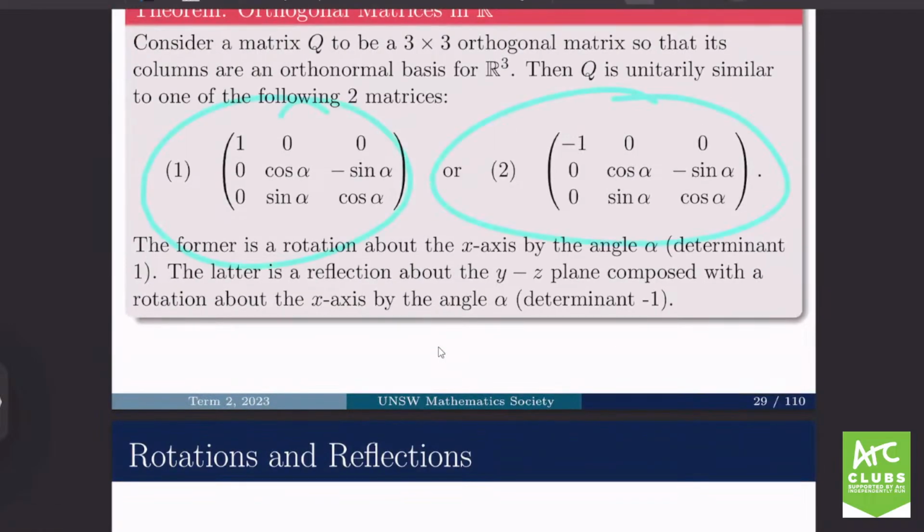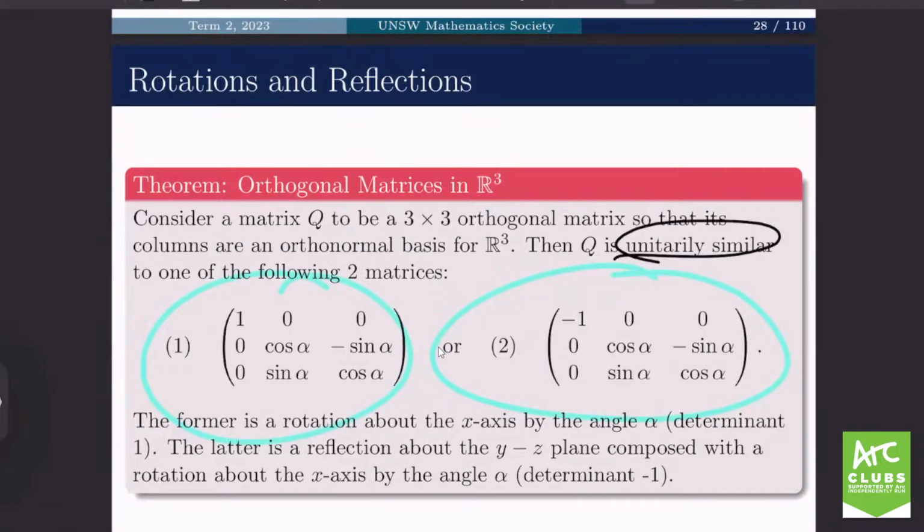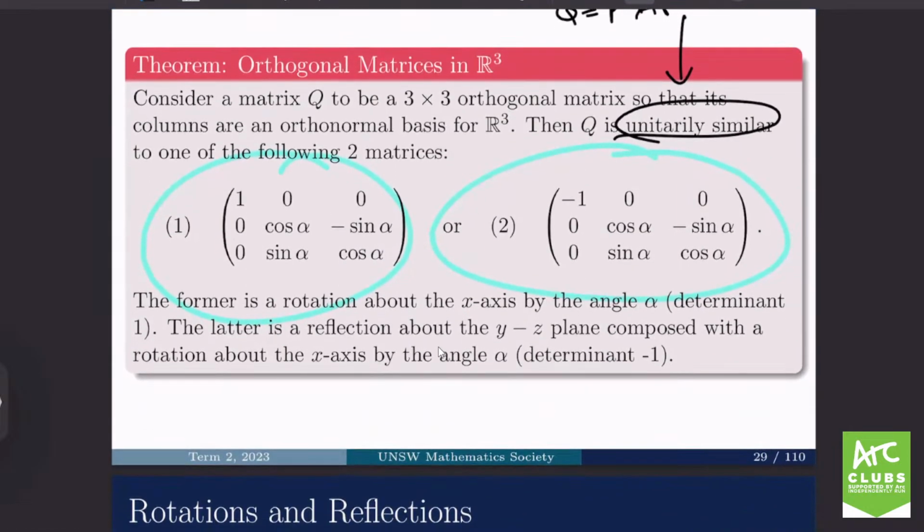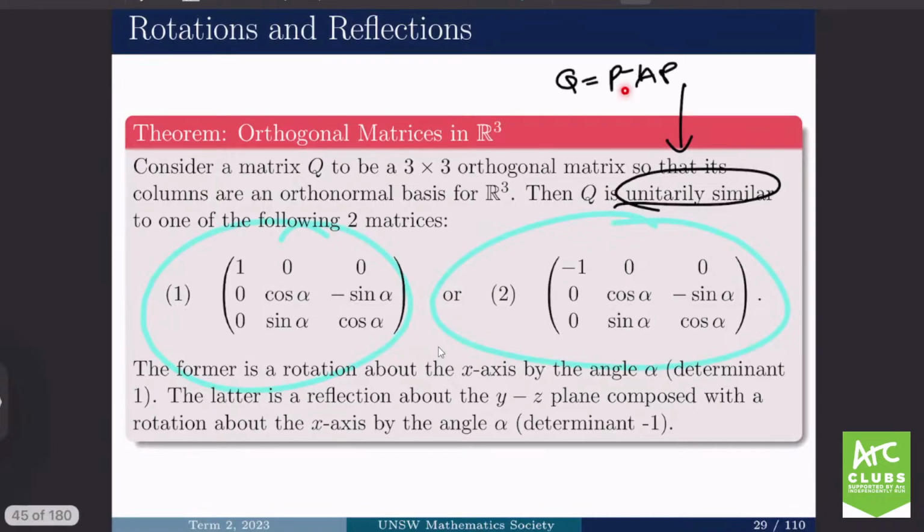Keep in mind, what does unitarily similar mean? It means that it's similar, so we can say Q equals P inverse A P, where P in this case would have to be a unitary matrix. So unitarily similar means that the matrix changing our bases here is a unitary matrix.